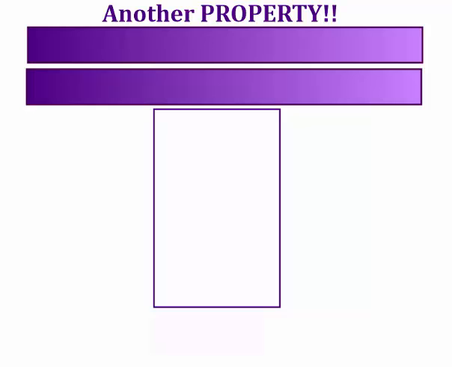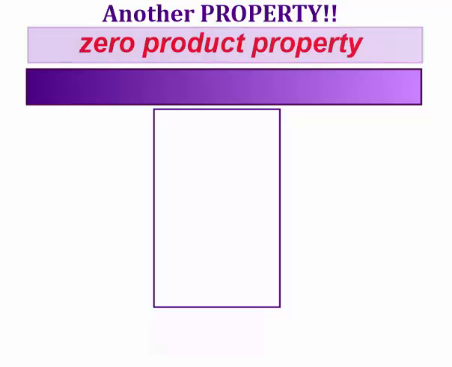The property we're going to learn about today is called the zero product property. And what does that mean?